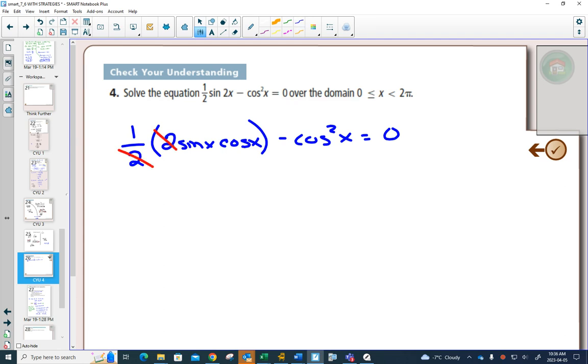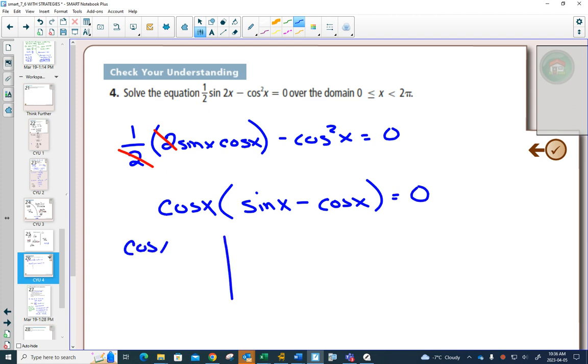The 2's will simplify here. And we have something in common, so we can factor, leaving us with sine x minus cos x equal to 0.